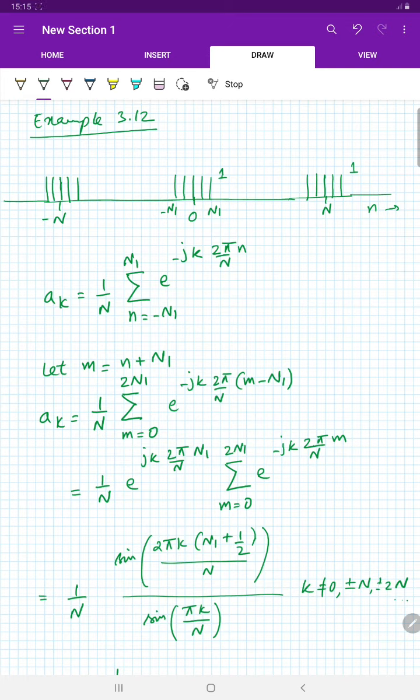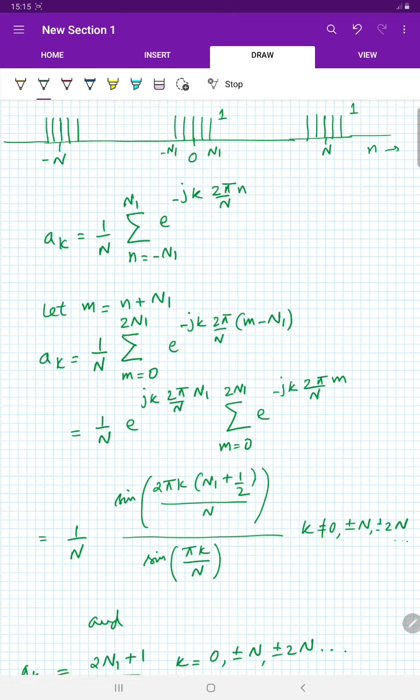So if you want to compute the Fourier series of this, we apply the analysis formula just as we did in the continuous time case. You expand this, and you do some change of variable here, so that the summation can be made into m equal to 0 to 2 n1, because only n1 values are non-zero, all the other values are 0. We need to do this summation over only one period.